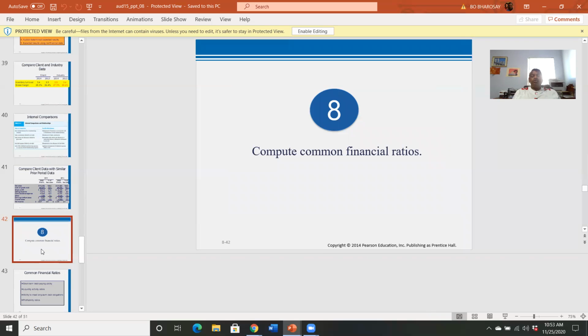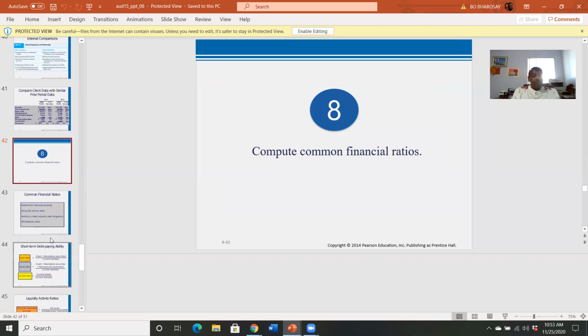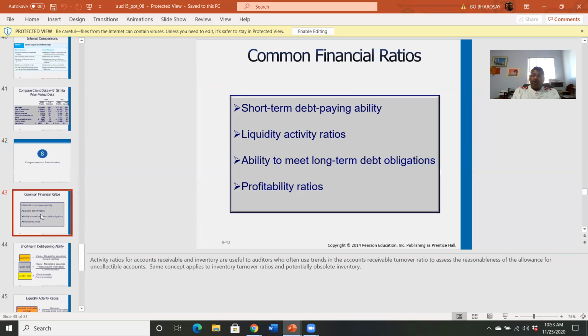Number 8, we're going to compute some common financial ratios. We are not going to go into the computation in this course, but we're going to talk about what these ratios are. In accounting 102, and probably your intermediate accounting, you talk about short-term debt paying ability, liquidity and activity ratios, ability to meet long-term debt obligations, and profitability ratios.